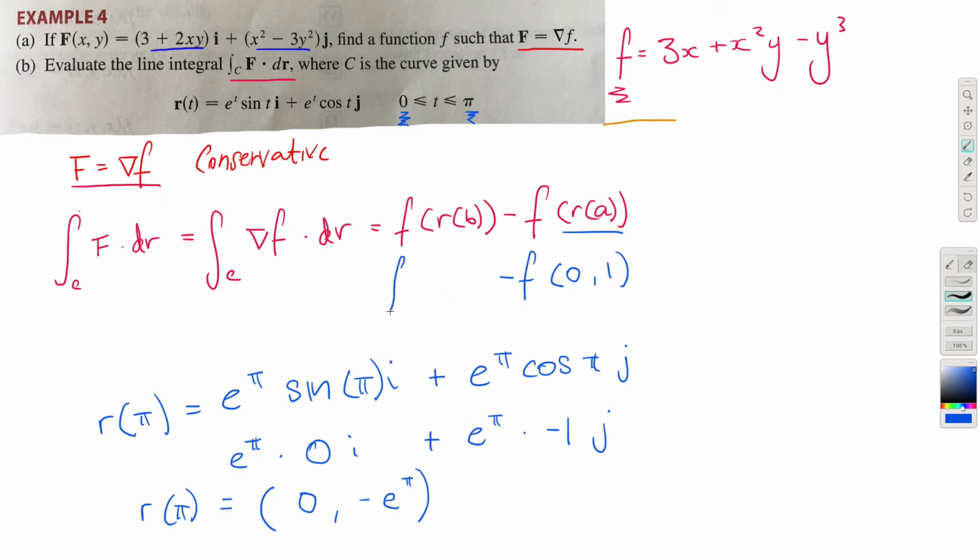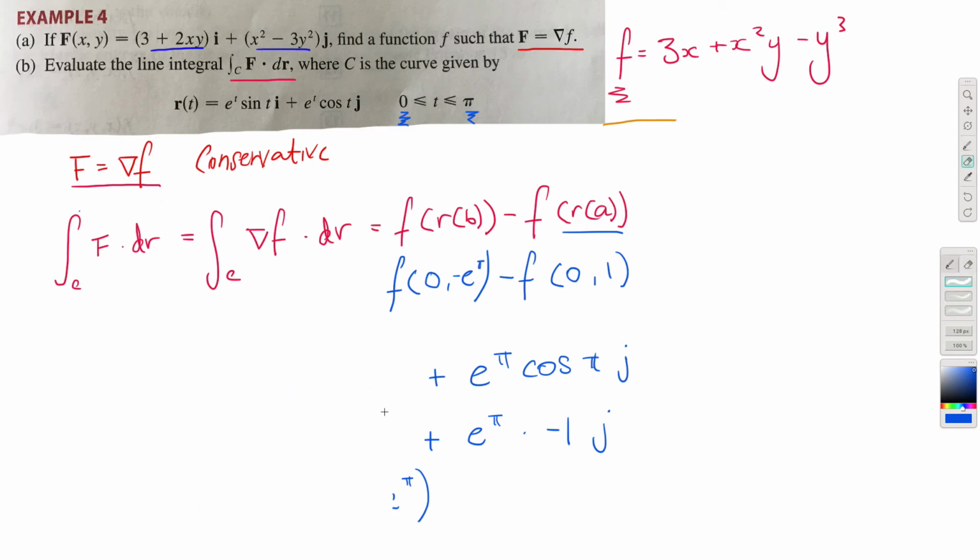We can put that in here: 0, negative e to the pi. Whew, what a long question. Maybe this is too long for an exam.